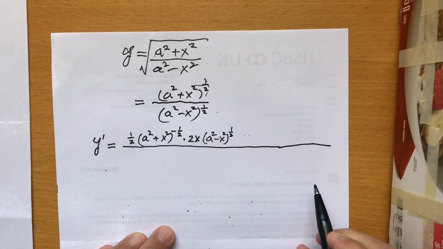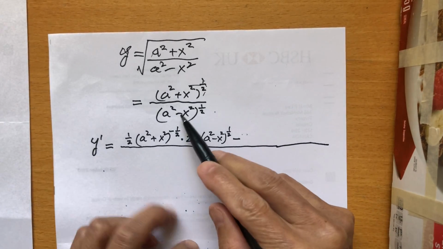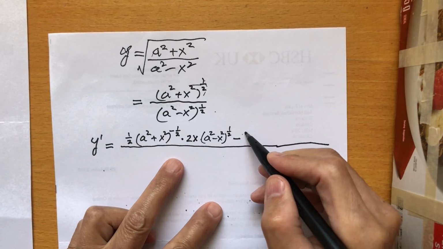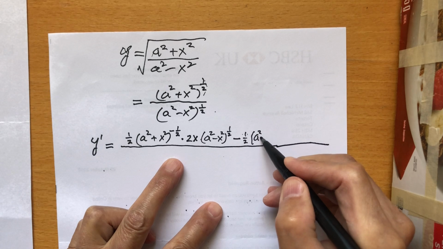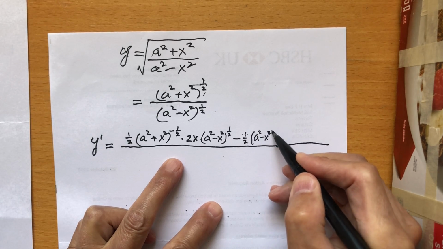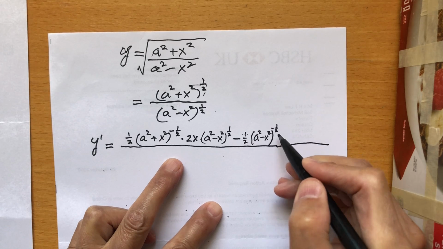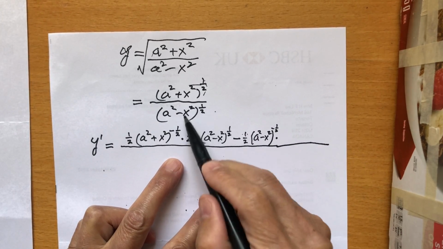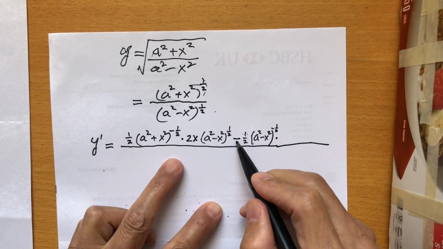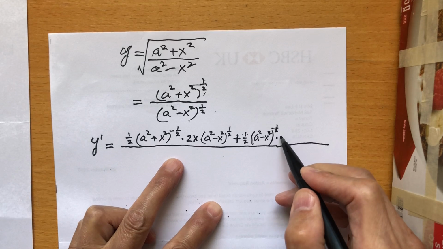Minus v prime u. v prime is this. One half minus 1. And remember, I have to do the derivative here, so it's negative 2x. Negative and this negative combine to make it positive. And I have 2x here.